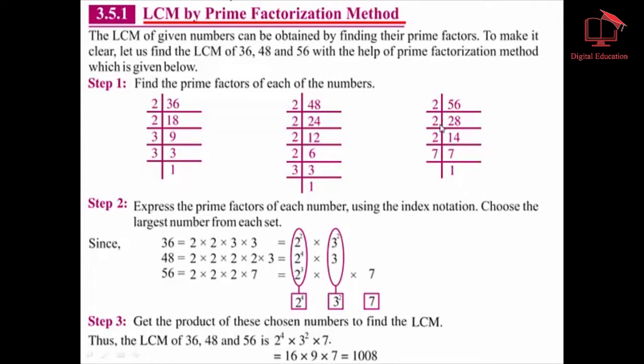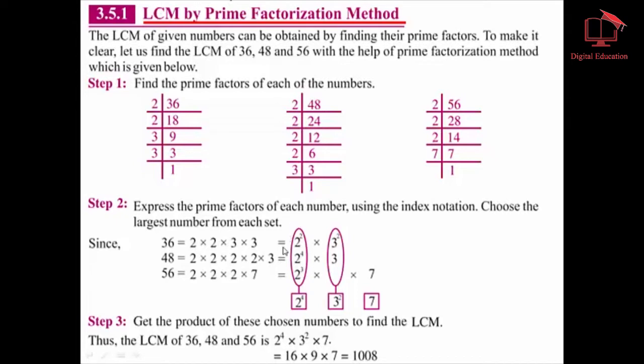Now we will express all these prime factors using index notation. Now 36 has factors 2, 2, 3 and 3. You can see here if the base is the same, the power is added. Now 2 power 2 and 3 power 2. Now same for 48 and 56.